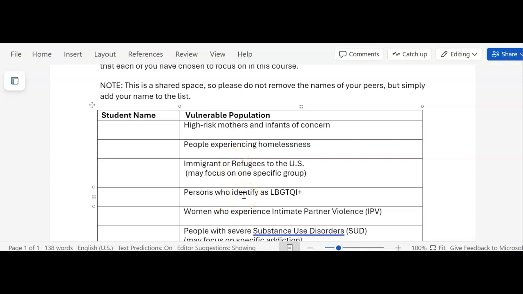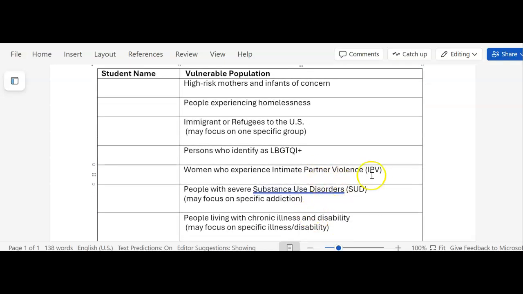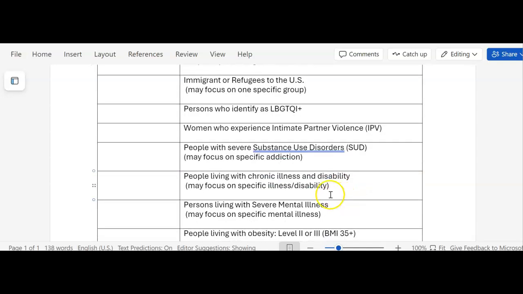Maybe the high-risk population of people who identify as LGBTQI+, maybe those who experience intimate partner violence, or substance use disorders, and again, you can focus on a specific addiction, or you can go with the generalized term. Living with chronic illness and disability, you probably will want to focus on a specific illness or disability.